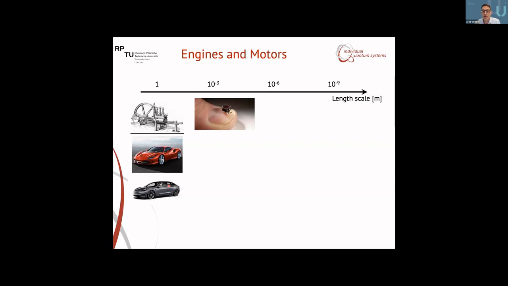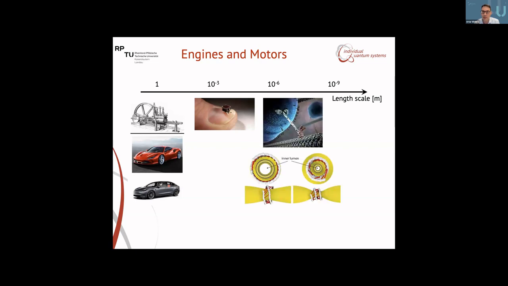And you can continue. And probably the most important example to show what is possible is given by biology. We have molecular motors, kinesin, dynein, that carry huge loads in our cells to keep our bodies functional, and that work also with amazing efficiency in our bodies.